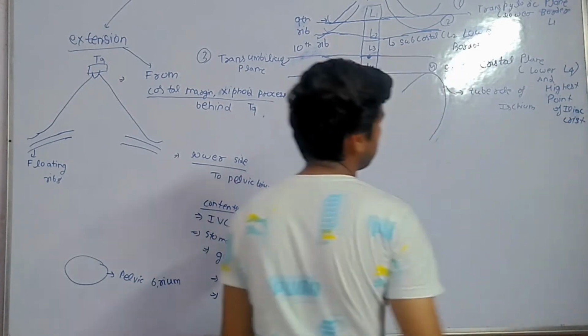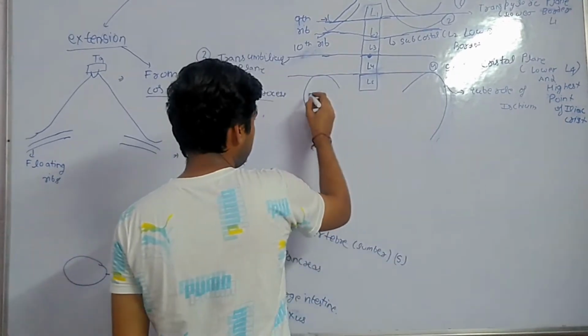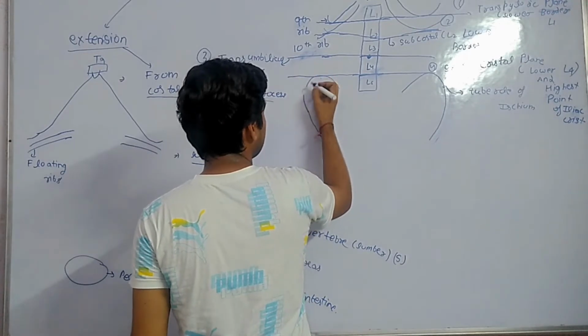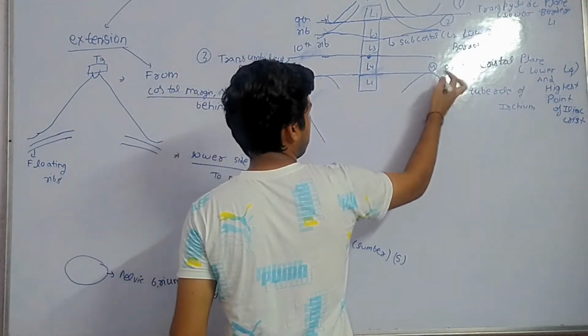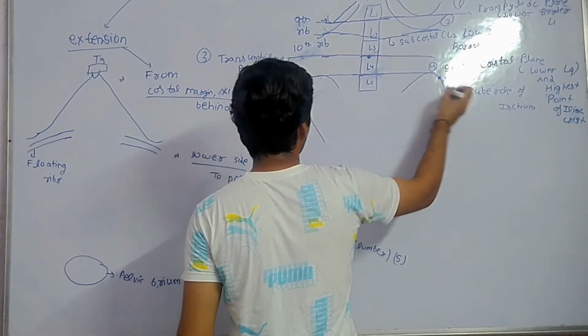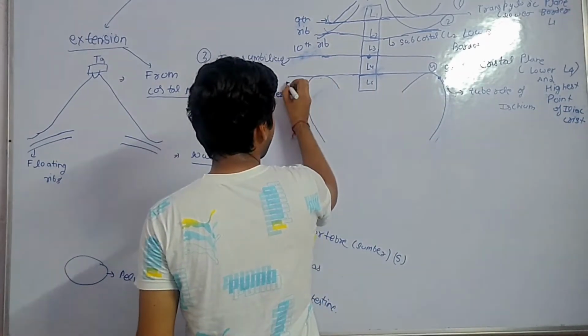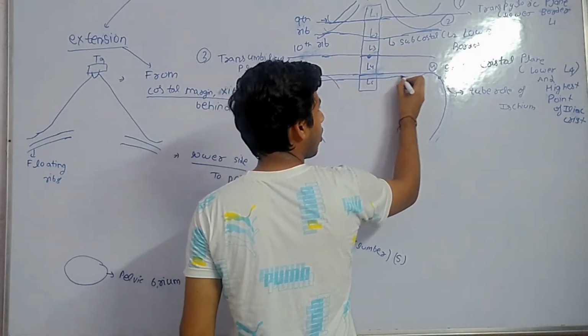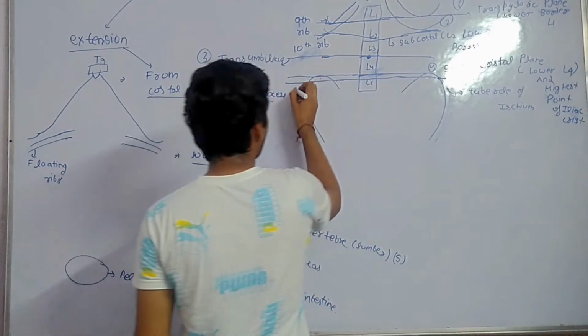Done. And again, here is a plane which passes, let's say this is tubercle. This is tubercle. And again, here is a plane which passes from tubercle on iliac crest and upper border of L5. This is called fifth plane.